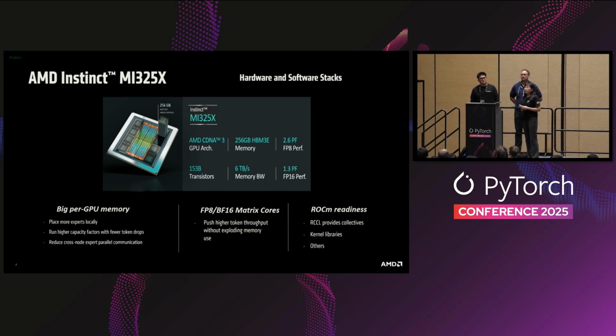Also, the FP8 and BF16 matrix cores can further push our token throughput without exploding the memory usage. Lastly, the ROCm full stack is fully ready. We have communication libraries like RCCL to provide collectives. We also have kernel libraries like Primus Turbo to accelerate the workload.